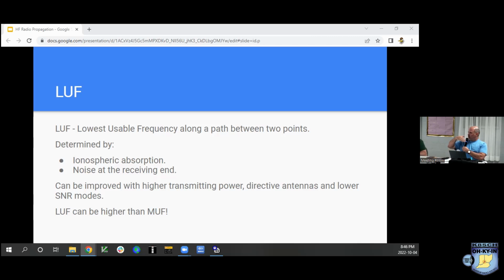This is all about making sure the wave gets to a certain location, depending on how much of that energy is being absorbed. So it doesn't matter if you are putting an AM wave in there and you're losing 50%, or 50% of a CW wave. It's just how much of that energy is being absorbed. And with LUF, you can put more energy in there. So that's one of the reasons why CW is better for DX in the long run, because it's concentrating more of that energy into a smaller signal footprint.